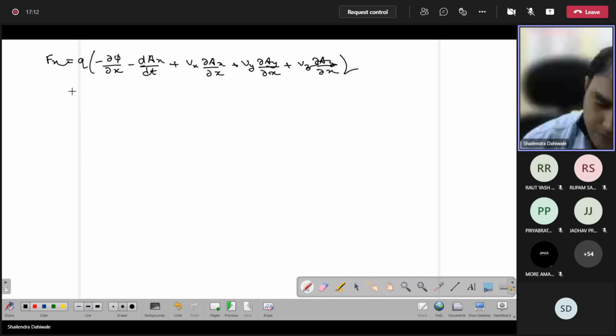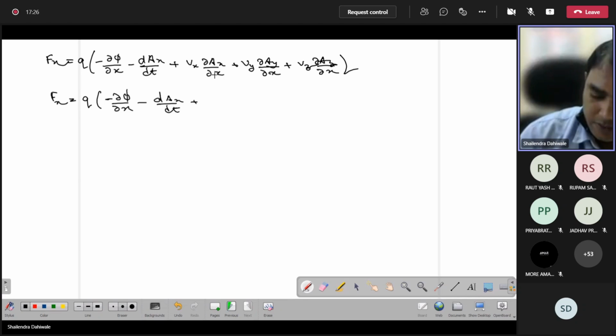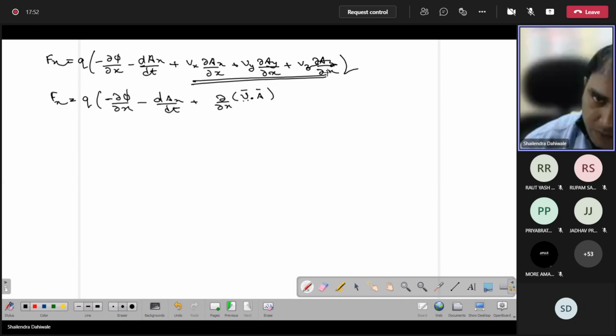Okay, and now you can write this Fx as q times minus del phi by del x, minus dAx by dt, plus, now see here, you can write this as del x of v dot A. Anyway, if you expand this, it is going to come back to this.